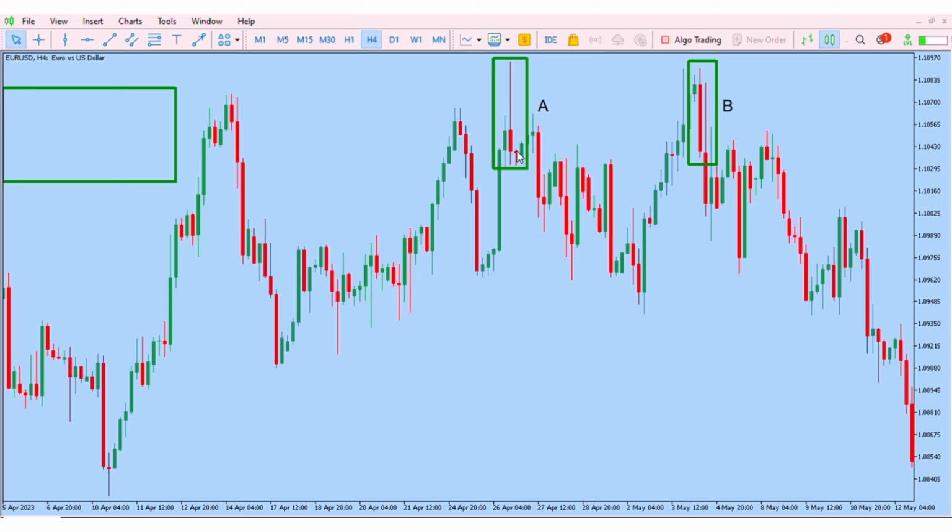A doji formed after the shooting star. But this didn't give a confirmation that the bears have taken control of the market. Rather, it signals indecision in the market. So, it affected the strength of the shooting star.